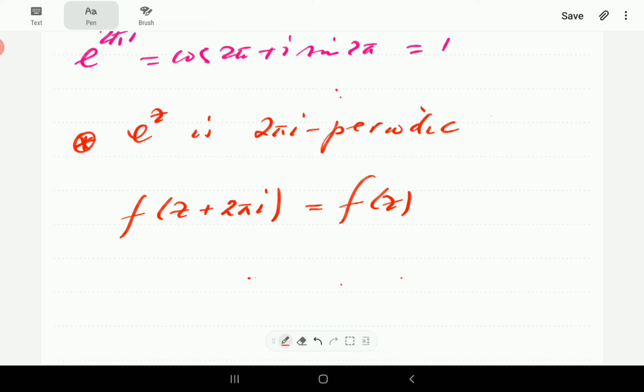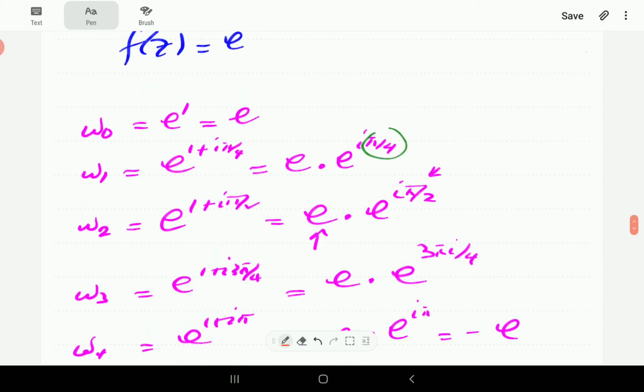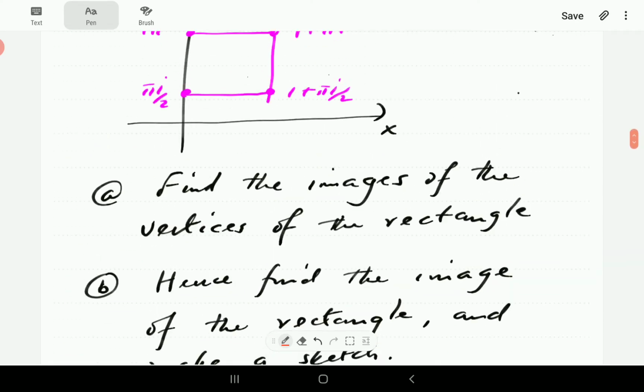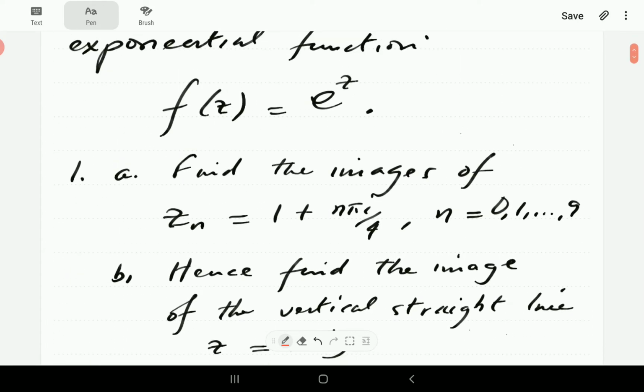This is a big departure from the case of the real exponential function, because we know that the real exponential function is not periodic at all. So that sorts out the first question, part A of number 1.